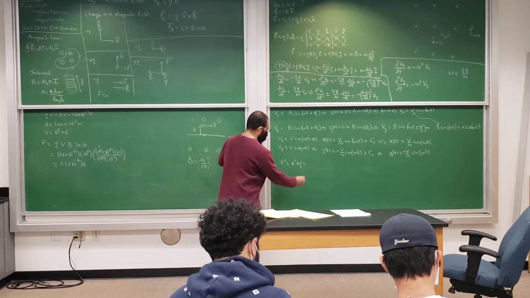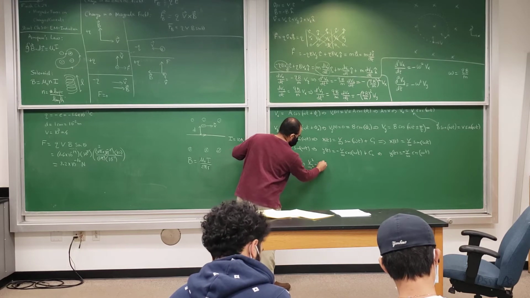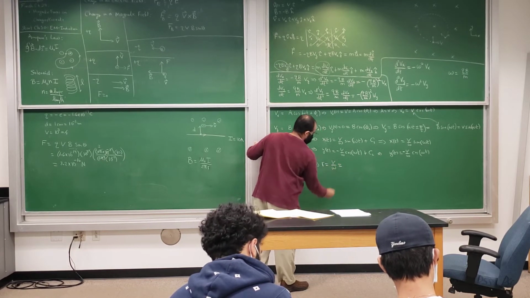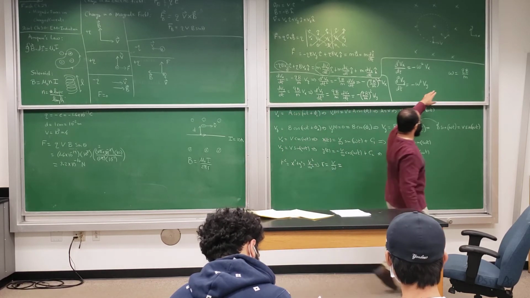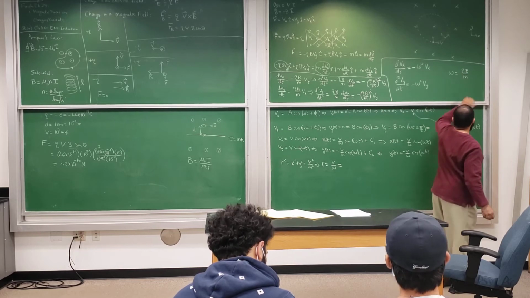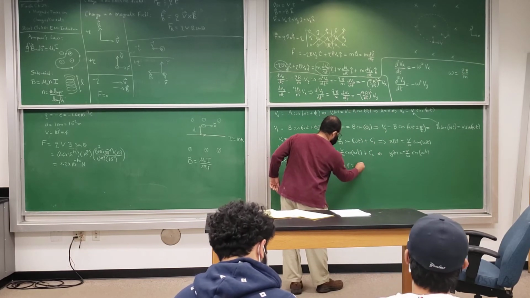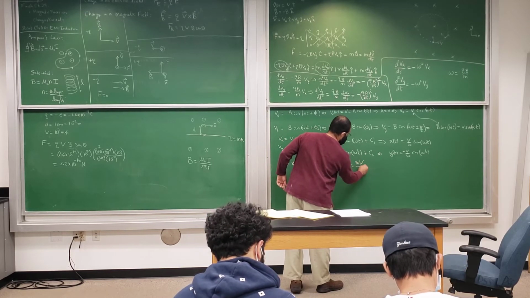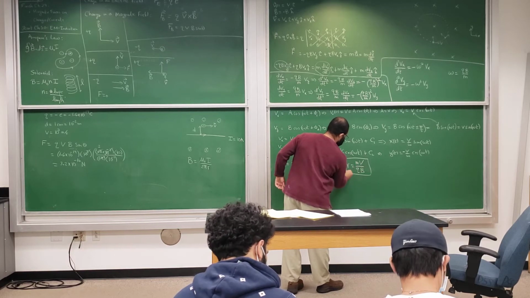So this is simply v squared over omega squared, and that means the radius of this circle would be v over omega. But what was omega? Omega is qB over m. So r will equal v m over q B. That's the radius of the circle.